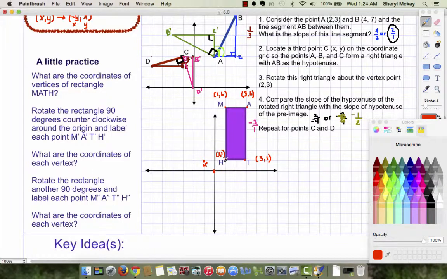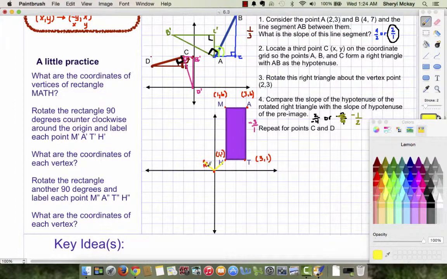Because we would have taken the slope here and done the negative reciprocal. So the slope of this one is 1, the reciprocal is -1. So the vertex of H prime is -1, 1.